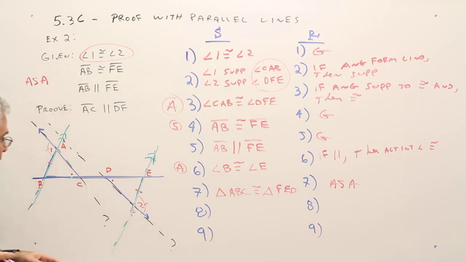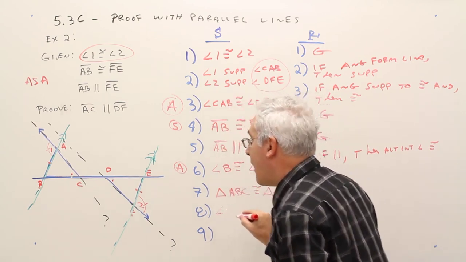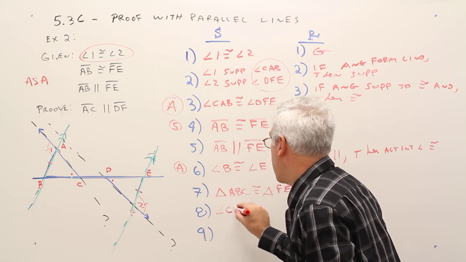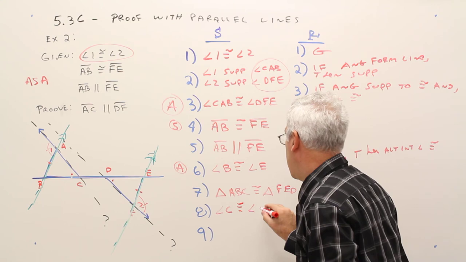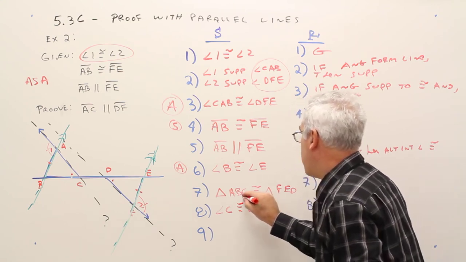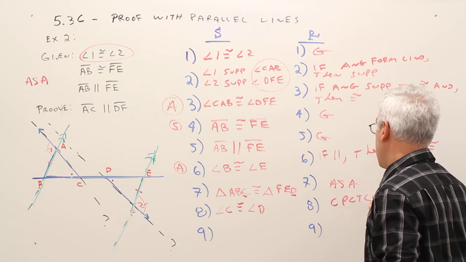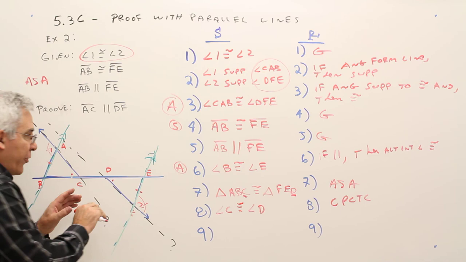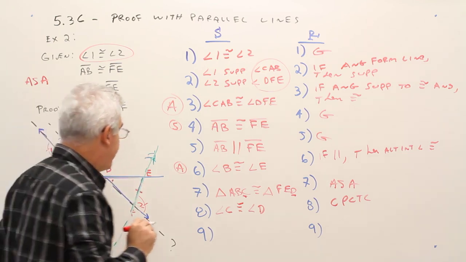And then, once I get those triangles, I could get those angles that I'm ultimately concerned about. So I can say angle C is congruent to angle D. Notice last letter, CPCTC. And now, once I've got alternate exterior angles congruent, gosh darn it, the lines are parallel.